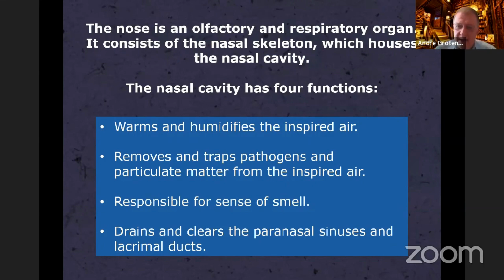And at the same time, the nose is able to remove and trap any kind of particles that we inspire. And of course, we also know that it is essential for smell, a sensory function that is really essential for human beings. And of course, it is the place where the sinuses drain and clear the mucus.